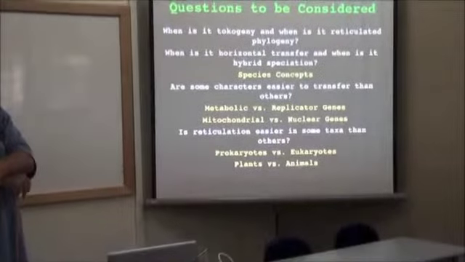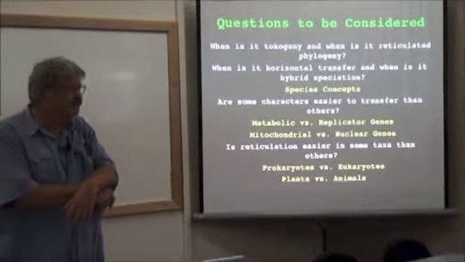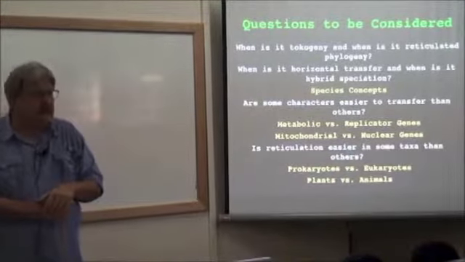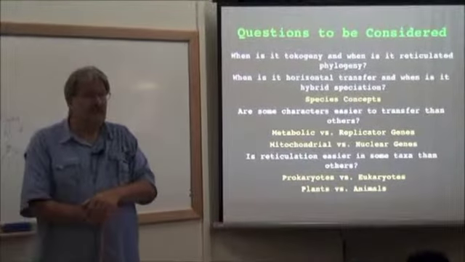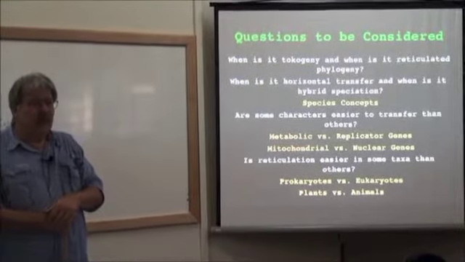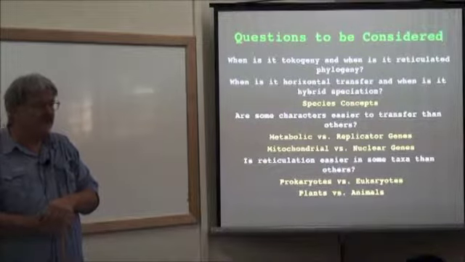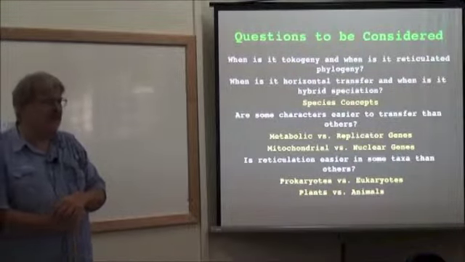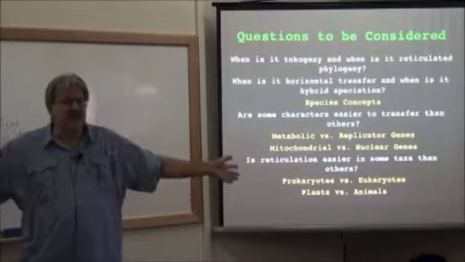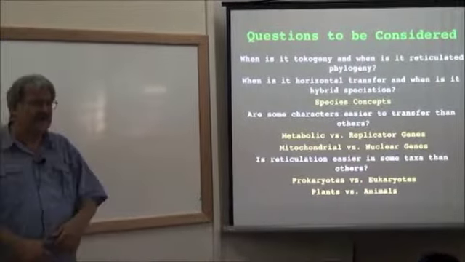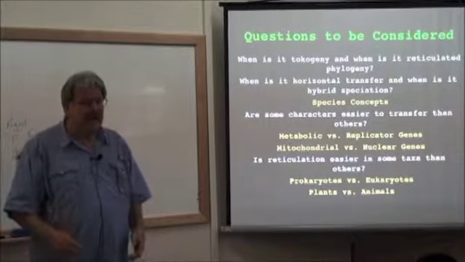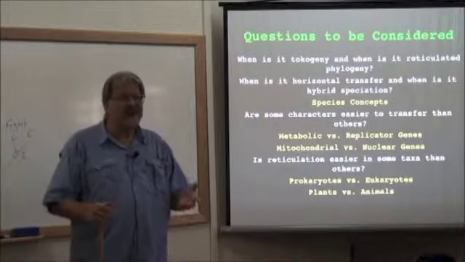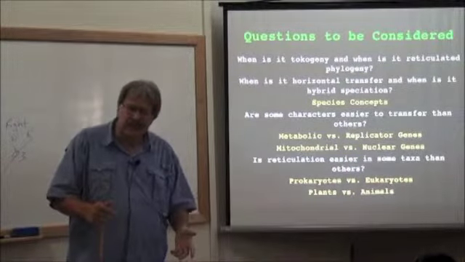Now, if you read some of the papers by people like Professor Doolittle, for example, you'll know that a lot of microbiologists are saying there is no phylogenetic tree of life. There's only a highly reticulated network because bacteria just exchange genes horizontally like crazy, and there's no pattern. Well, it turns out that that's not exactly true.